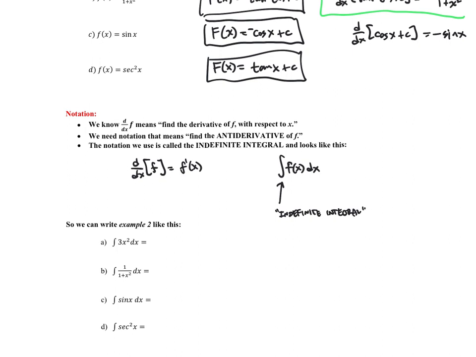And when you have an indefinite integral, which means you don't have a number here and a number here, right? Limits, which we're going to talk about later. But if the integral notation is absent of any values at the upper and lower index of that symbol, it kind of looks like a big S, then it's called an indefinite integral.